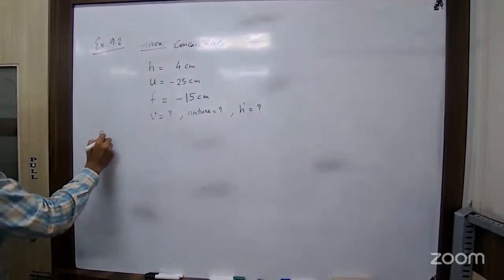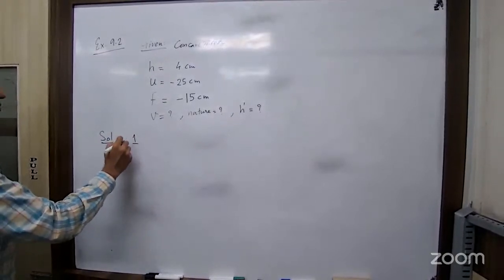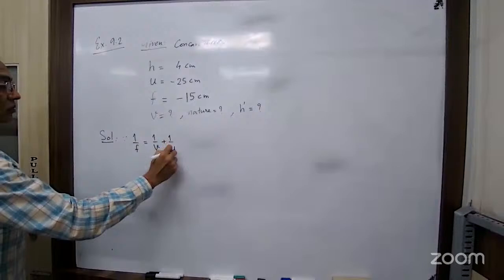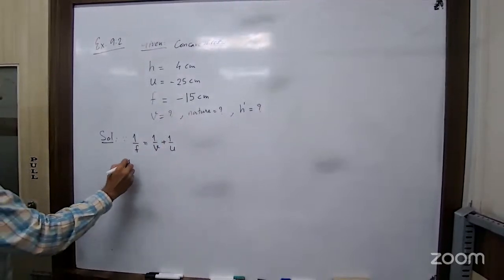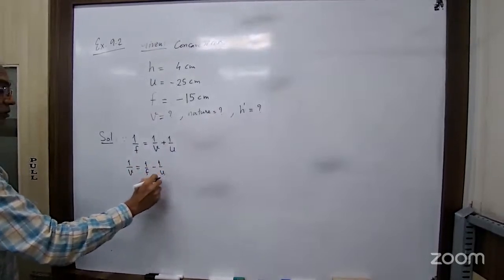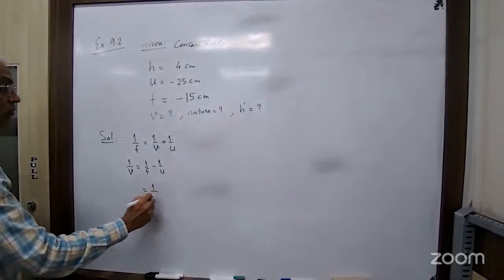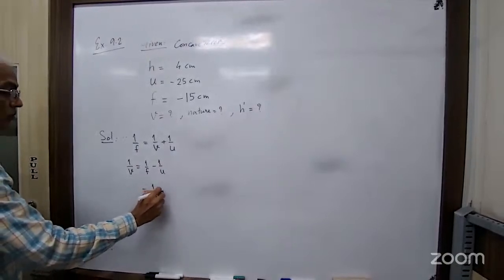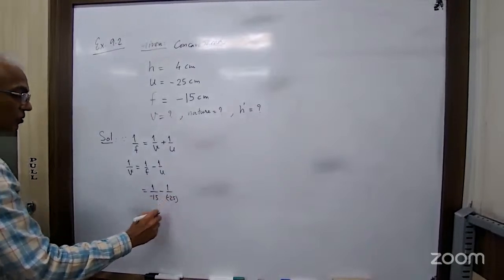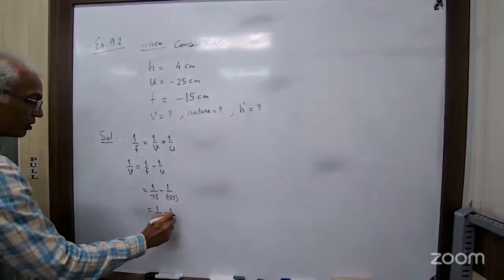So let us solve. Since 1 by F is equal to, what is 1 by V? 1 by V is 1 by F minus 1 by U. So this minus 25. So you can write minus 1 by 25 minus 1 by 15.